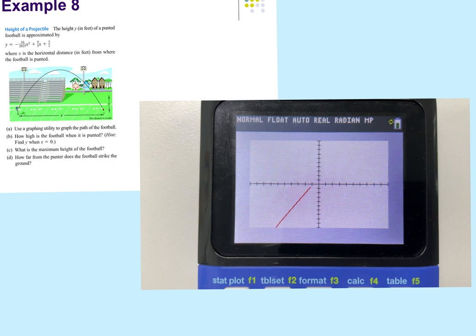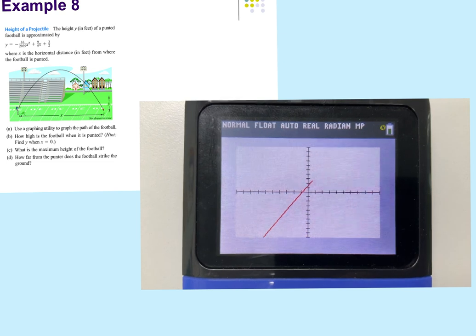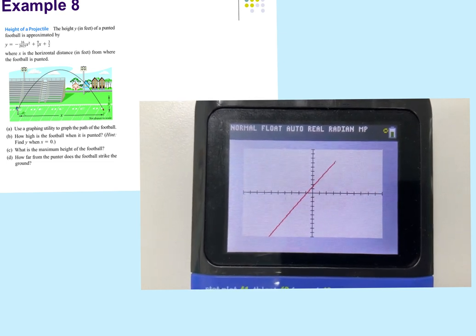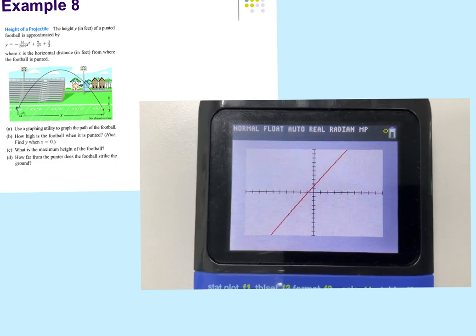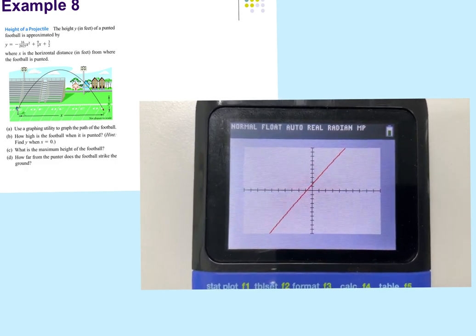Plus math 9/5 x plus... All right, so big curve happening here, right? We know this has to be a parabola, right?